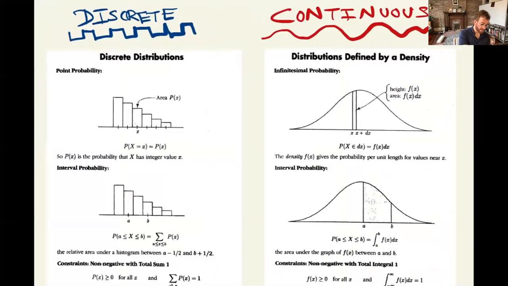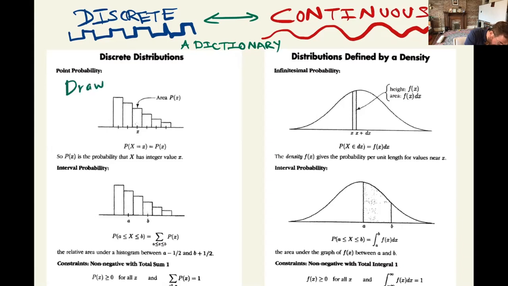And so this is going to be our dictionary. Previously, when we were talking about discrete distributions, you could draw the PMF table as a histogram.